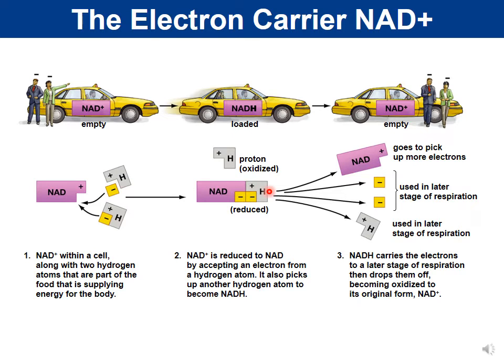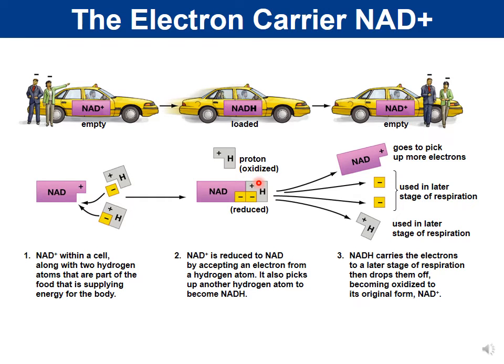Now NAD+ became reduced. It gained electrons, it gained hydrogens, and those came from the food. And so the food becomes oxidized. Notice that the food became oxidized, and the NAD+ became reduced.